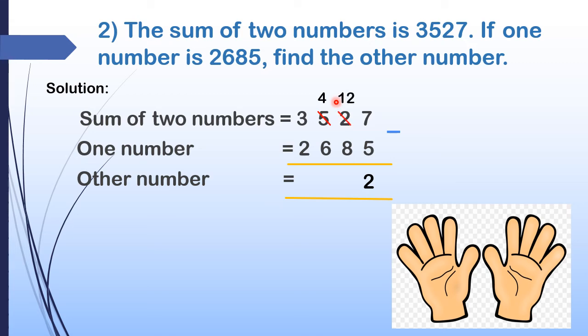Then 2 changed into 12, because 2 gets 10. So 10 plus 2, 12. Now we are going to subtract 12 minus 8. Okay, so you can take your fingers. After 8: 9, 10, 11, 12. So you have used 4 fingers to count. So the answer is 4.